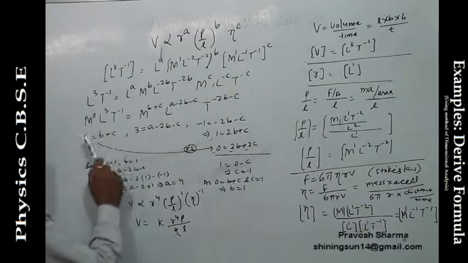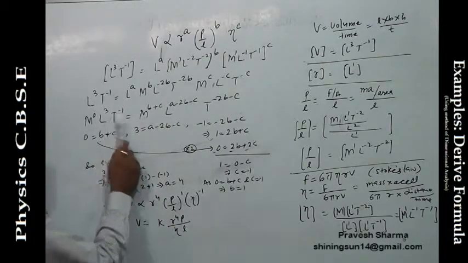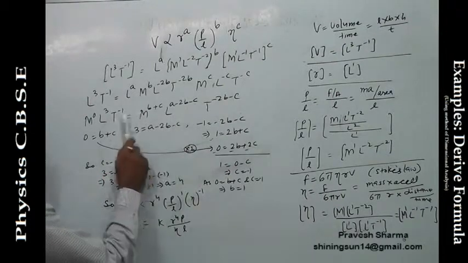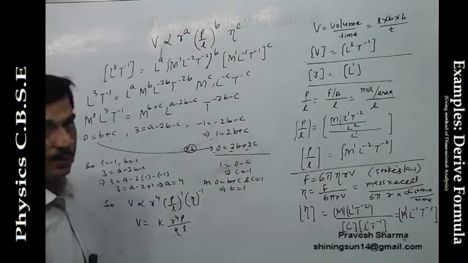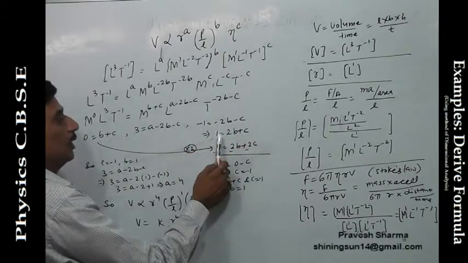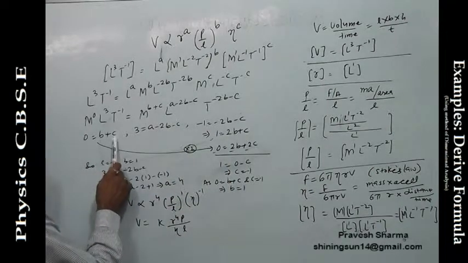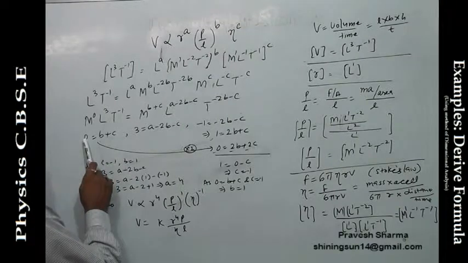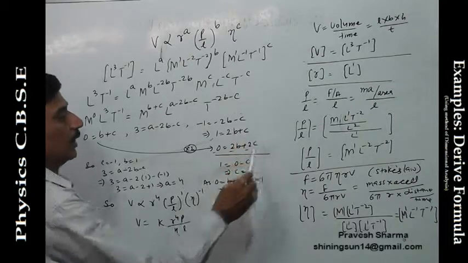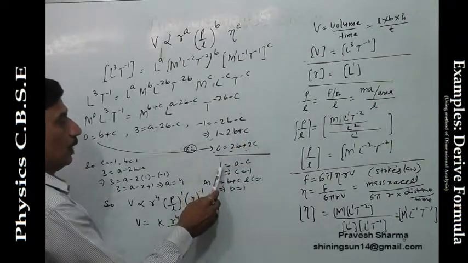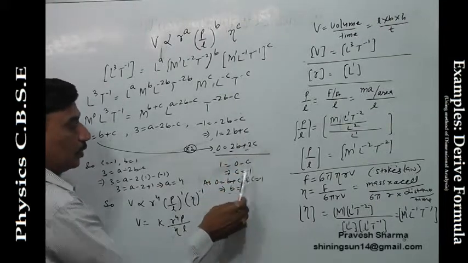So 0 is equal to b plus c, equating powers of M. 3 is equal to a minus 2b minus c, equating powers of L. Minus 1 is equal to minus 2b minus c, equating powers of T. If you multiply both sides with minus 1, you get 1 is equal to 2b plus c. The first is 0 equals b plus c. If you multiply both sides with 2, 0 is equal to 2b plus 2c. From this equation you can deduct this equation. So 1 minus 0 is 1, 2b minus 2b is 0, c minus 2c is minus c, so c comes out to be minus 1.